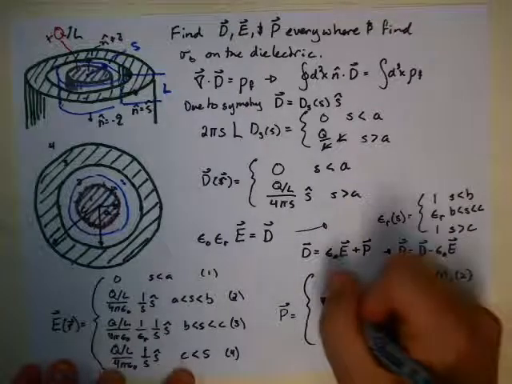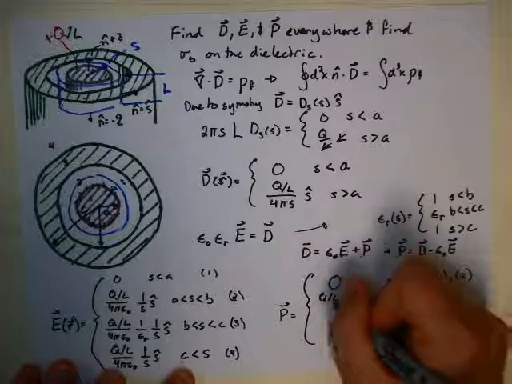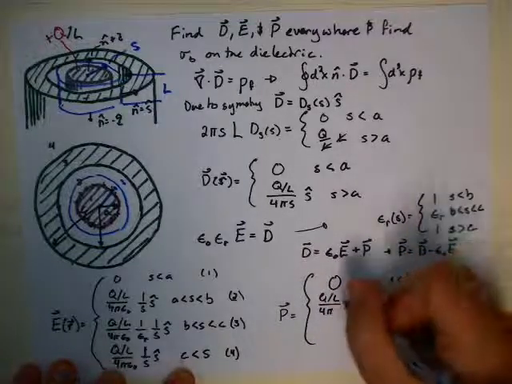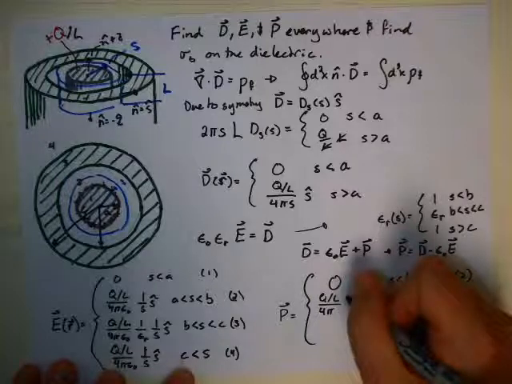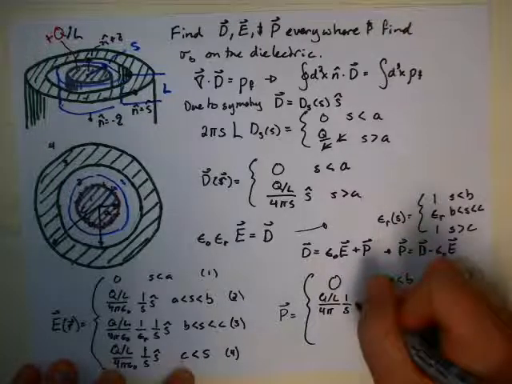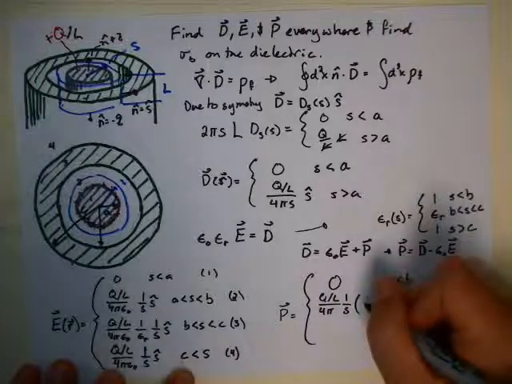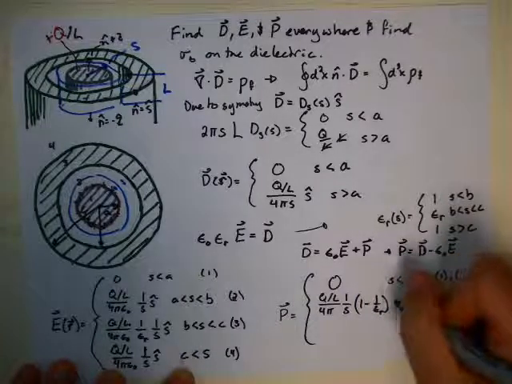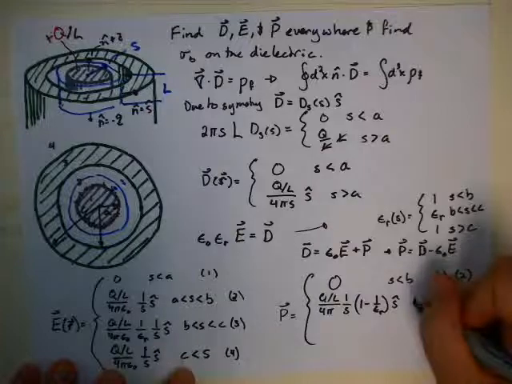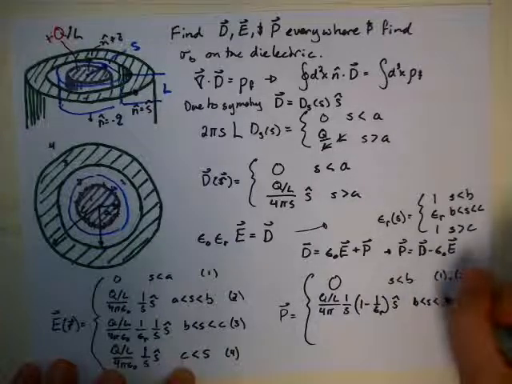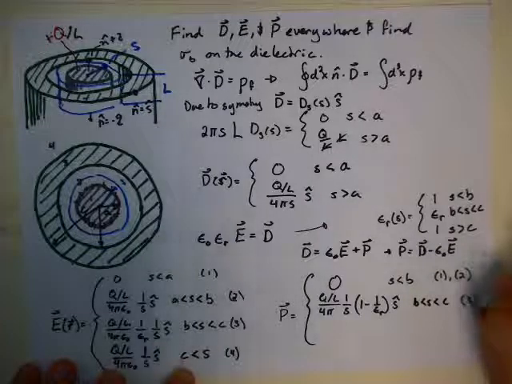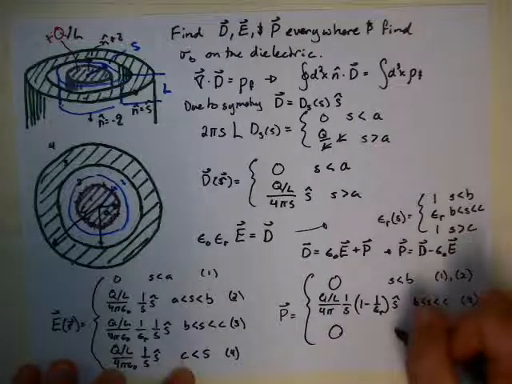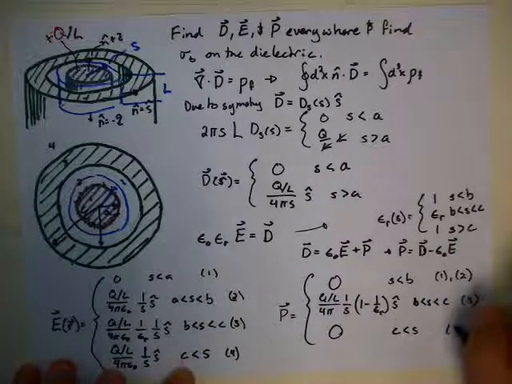And then we're going to get Q over L over 4 pi, 1 over S, and then 1 minus 1 over epsilon r, S hat. And this is for B less than S less than C, so this is in region 3. And then I'm going to get 0 again for C less than S, which is region 4.